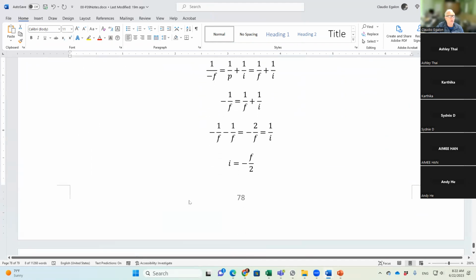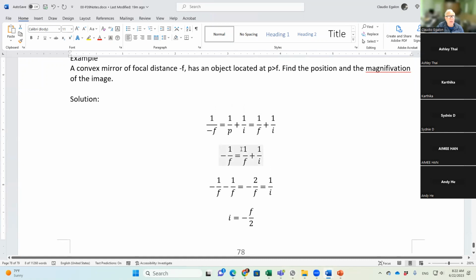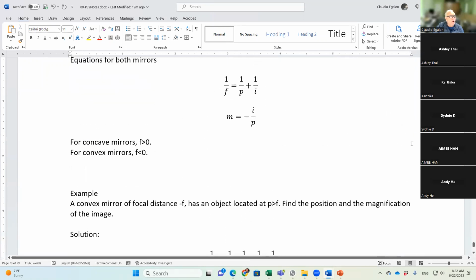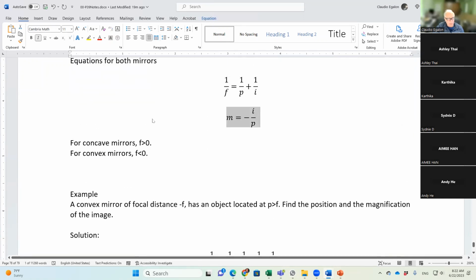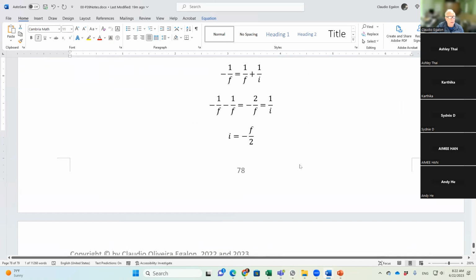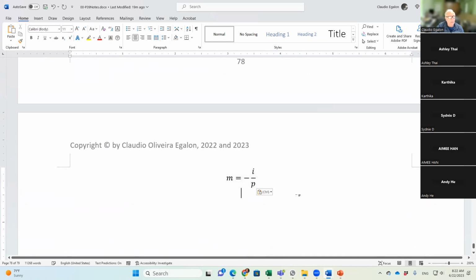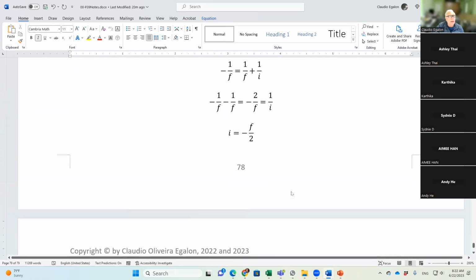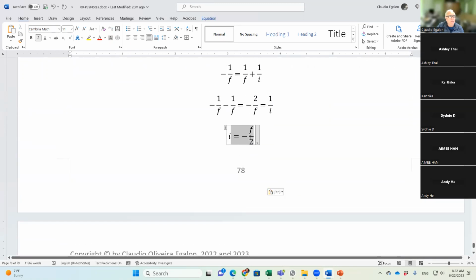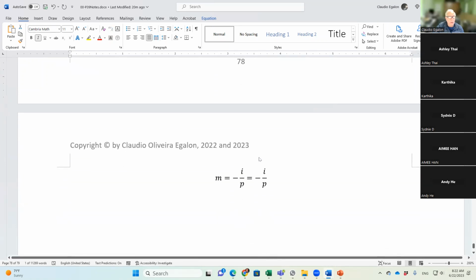Okay, we can do other things. Let's calculate the magnification now. Magnification equals minus I over P. I is minus F over 2, so minus minus F over 2.